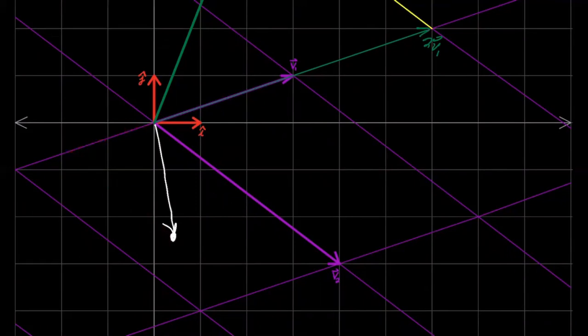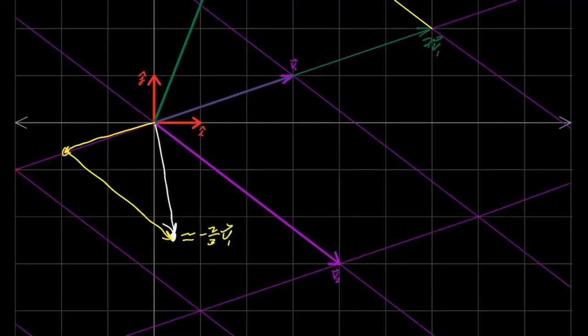And so you could have something like the following, where maybe I go to there, and then that's parallel to there. And so maybe this is something like negative 2/3 v1. If this point's about 2/3 of the way from the origin out to negative v1, which is there, right? I'm going from the origin to there.